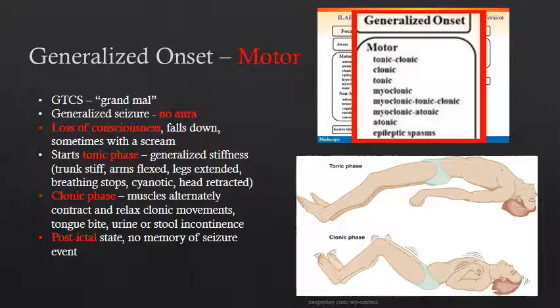Again, we no longer use this term. A generalized seizure will not have aura. Only a focal seizure will have aura. A focal seizure that turns into a generalized seizure will have aura in the beginning.